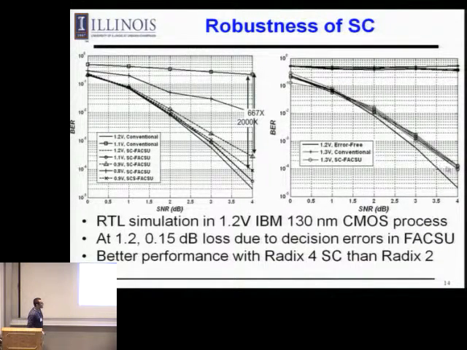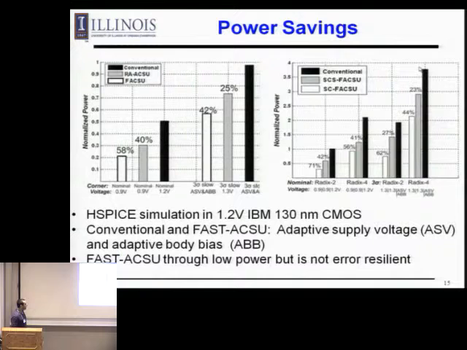It's just 0.5 dB, and the conventional architecture shows a high bit error rate. In power savings, we consider the nominal corner. We have around 71% power saving here, as compared to the conventional architecture. And at the slow process corners, due to process variations, we have around 44 to 62% power savings.